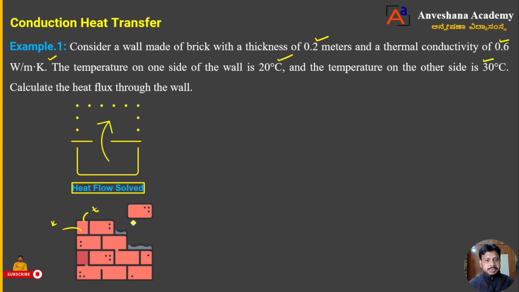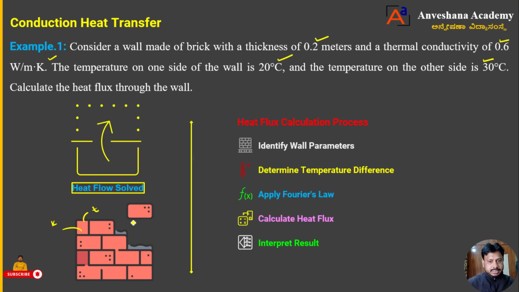What steps do we need to follow to calculate the heat flux? First, I need to identify the wall parameters. What wall parameters has he given? He has given the thickness of the wall, that is 0.2 meter, and the thermal conductivity of the brick wall, that is 0.6.